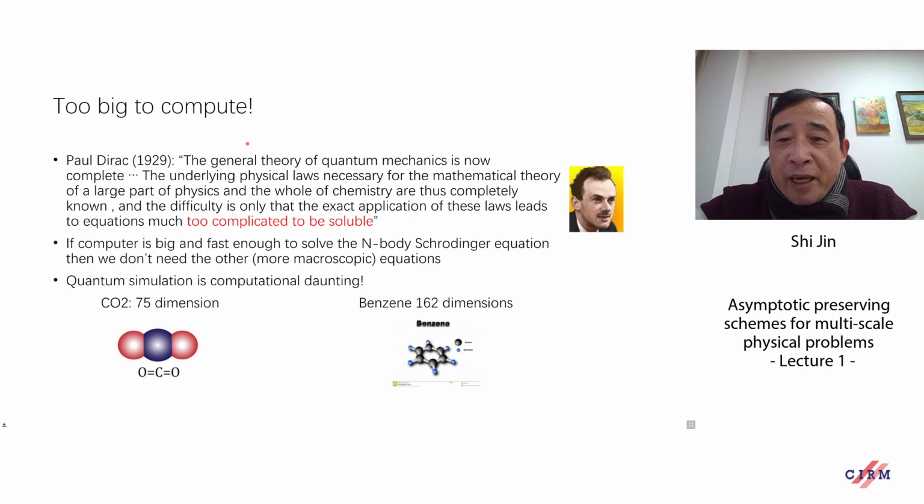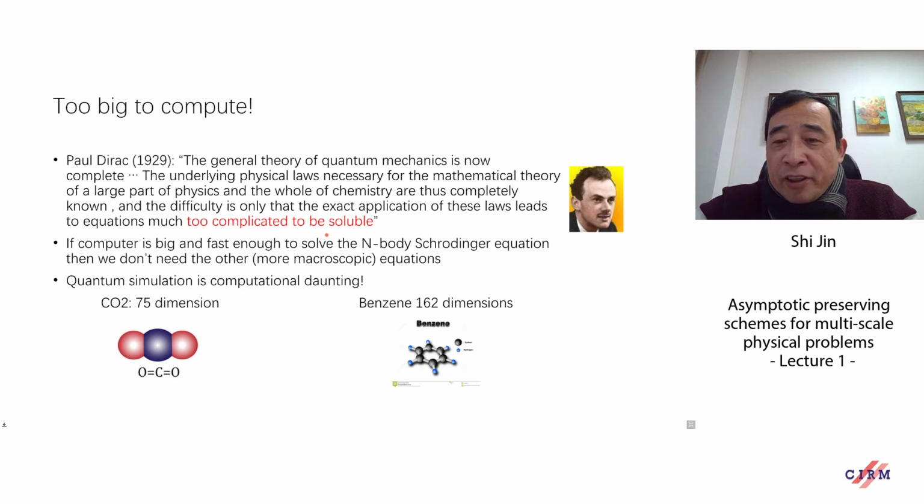So once you have this many-body Schrodinger equation, essentially you know everything about chemistry and most of the physics already governed by this Schrodinger equation, all right? But of course, that's not the end of the story. The difficulty is only that the exact application of these laws leads to equations much too complicated to be solvable. So these equations are there, but it's very difficult to solve them.